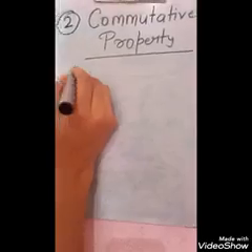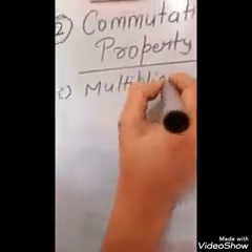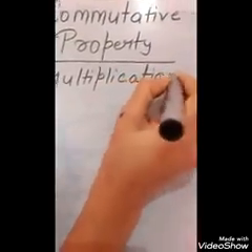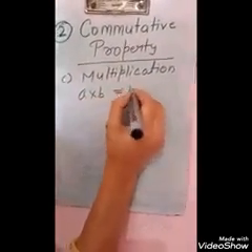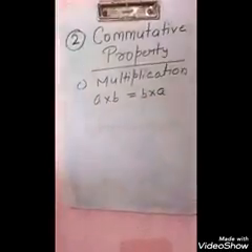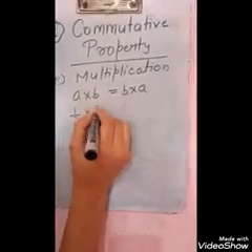Now we will see it for multiplication. Again we take two rational numbers, and for the commutative property it should be A into B is equal to B into A. For verification of this property we will take the same example again, 1 by 2 and 3 by 4.